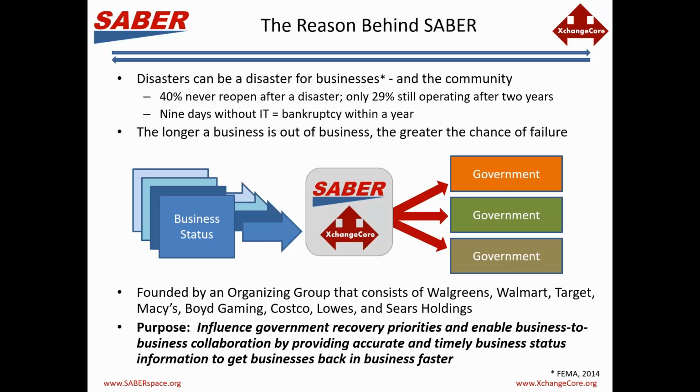The whole goal is, with the big problem at the top, that the longer a business is out of business, the greater the chance of failure. By sharing that business status, we can influence government recovery priorities and get businesses back in business faster.